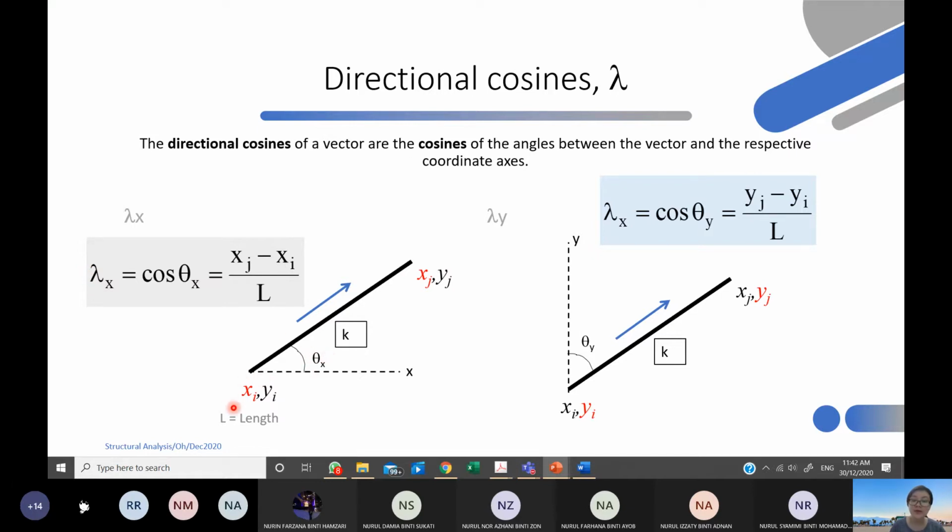We just use the coordinates at the near end and far end. For lambda x, you use the x coordinate at the far end minus the x coordinate at the near end, xj minus xi, and then divide by the length of the element. Then you get lambda x. The result must be the same as cos theta x.